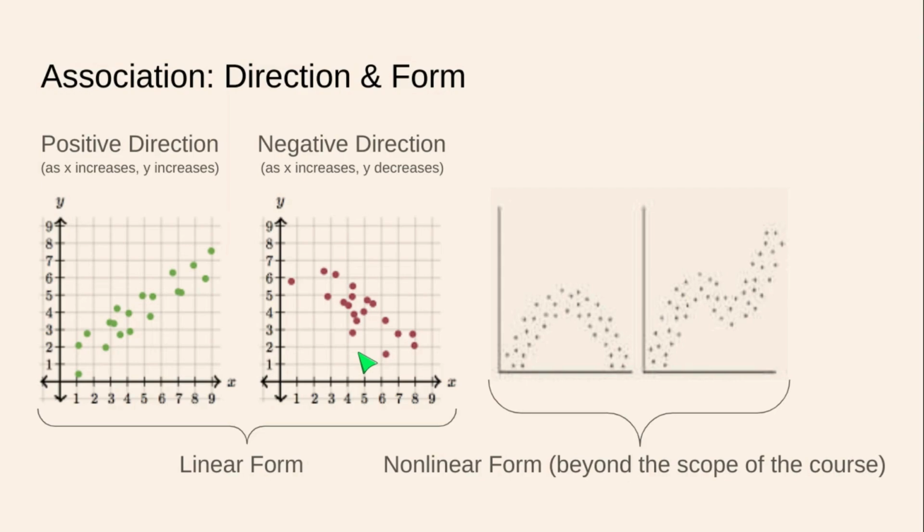Though the points don't form a perfect line, of course, they do tend to move, as it were, in a linear direction, as opposed to these fellas over here, which are a bit grainy, my apologies, but they follow a nonlinear form. Here we have a curve, and here we have an even more interesting curve.